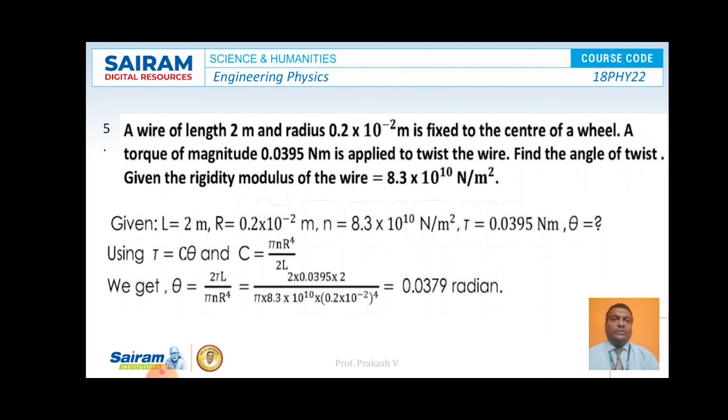So here, as per the data given, the torque T is nothing but C into theta, where C is couple per unit twist, that is pi n r to the power of 4 by 2L. So the value of theta becomes 2TL by pi n r to the power of 4. Then on substituting all the parameters and on simplification, the value of theta becomes 0.0379 radians.